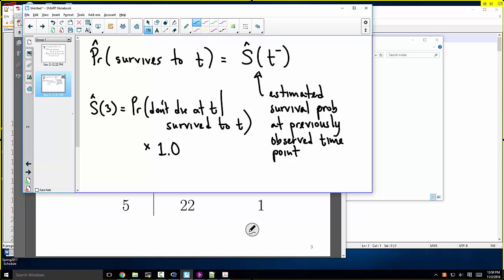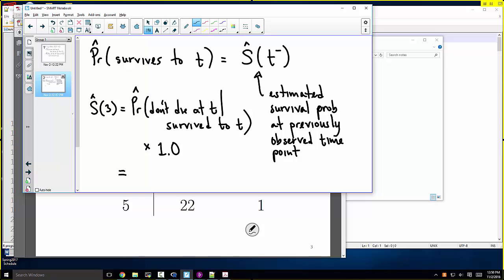So then we just need to think about what makes sense to use as an estimate of the probability that they do not die at time t, given that they survive to time t. A sensible way to estimate that is: what proportion of the people who are at risk, who are still in the study at time 3, did not die at time 3?